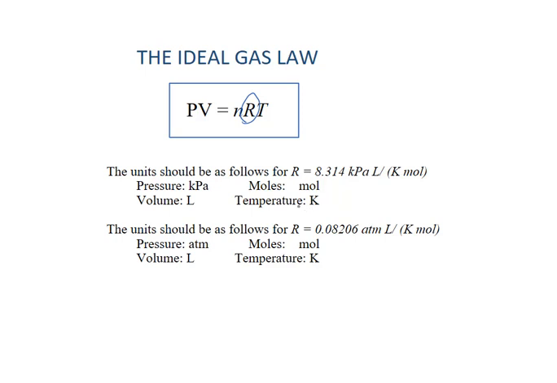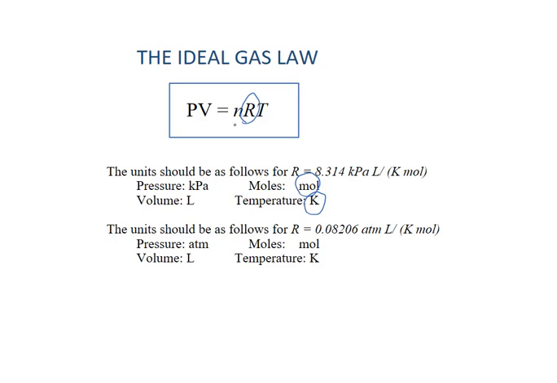So first of all, remember that when we're studying gases, our temperature is always going to be in kelvins. Moles is expected, there's no other unit to use. We're going to use the unit of mole when we are using the variable n.